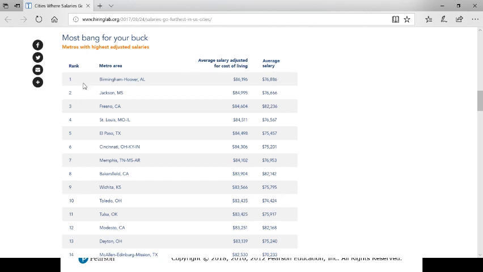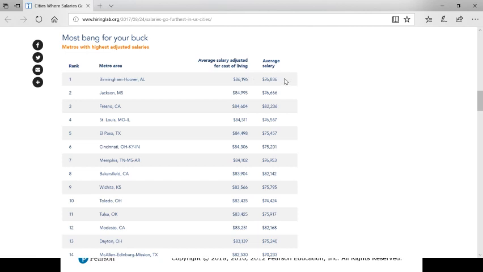For example, this first metro area in the list is Birmingham, Hoover, Alabama, and it says an average salary of $76,000 approximately. Well, that is like if you were making $86,000 on this column, $86,000 considering an adjusted salary for cost of living.